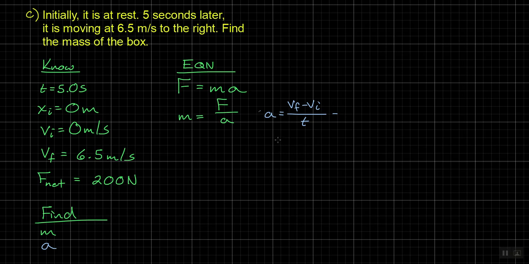It was 6.5. Okay, so we'll go ahead and say that's 6.5 minus, what was my initial? 0 over 5. All right. You have a calculator open already, one of you two. Will you give me this number? 1.3? Like exactly 1.3?